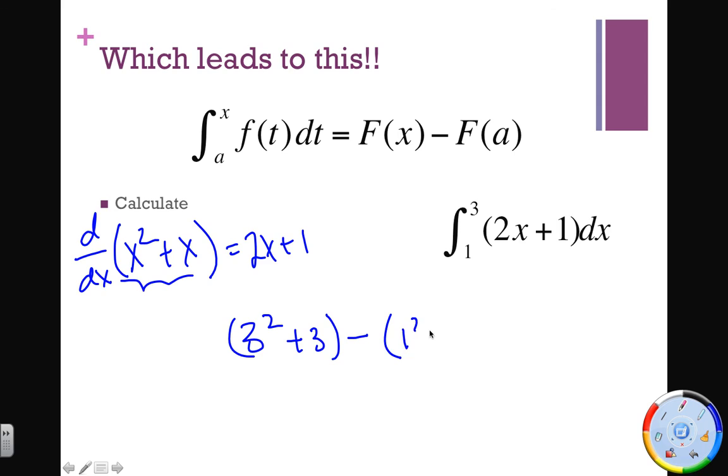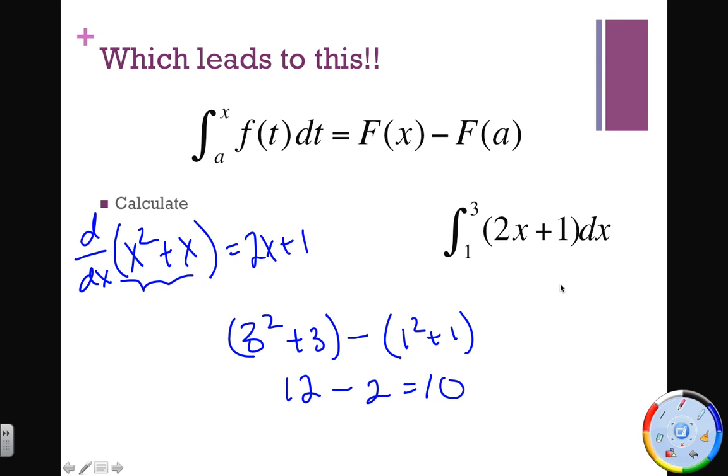So I get 1 squared plus 1, and I get 9 and 3 is 12. Minus 2 is 10.